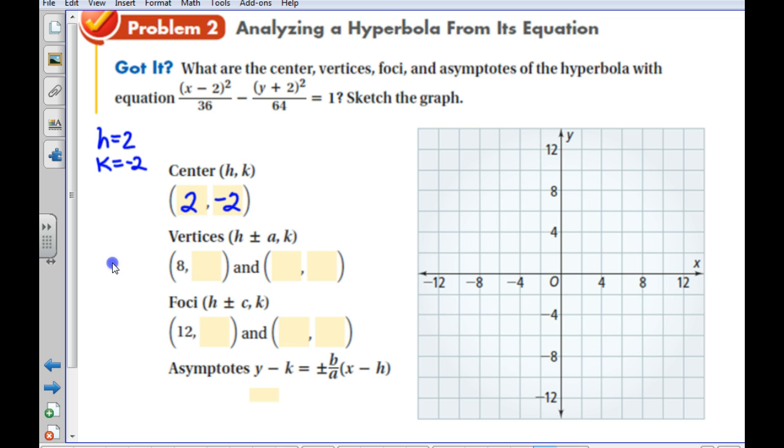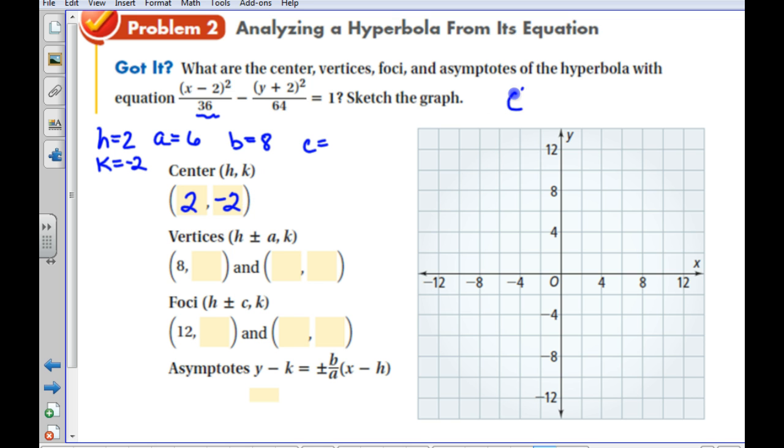What else can you tell me from this underneath the X? Okay, this is a hyperbola, so the positive one is called A, according to them. So A is what? 6, and B is the square root of that guy, so it's 8, which makes C, do you remember how that works?